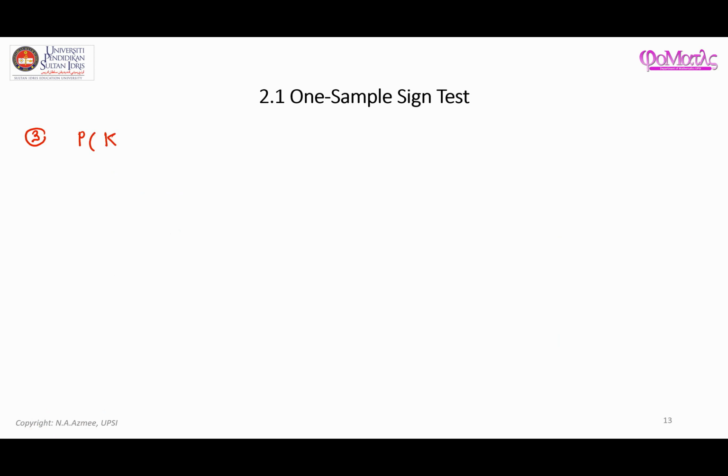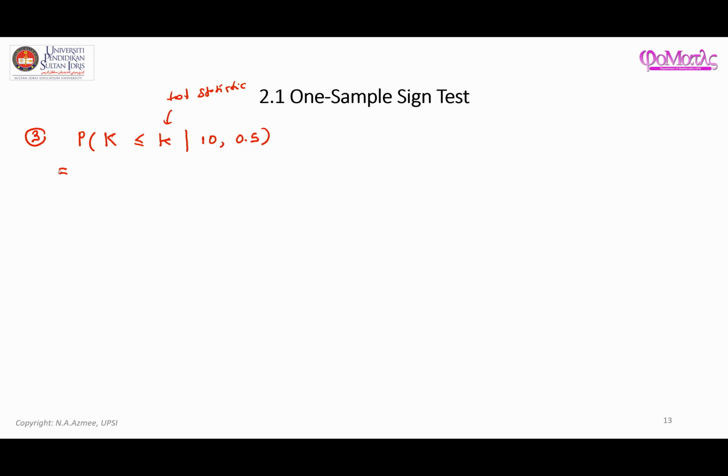Here is our random variable k. What is the probability of k being less than or equal to small k? Small k here is actually the test statistic, given sample size 10 and probability 0.5.